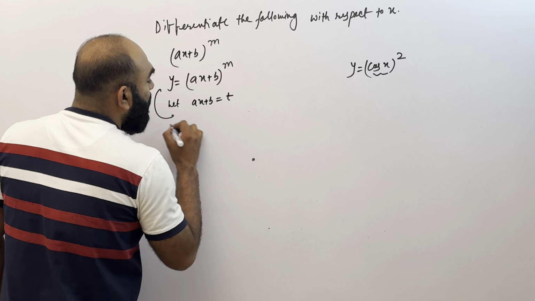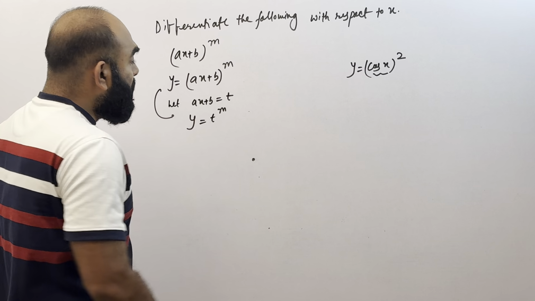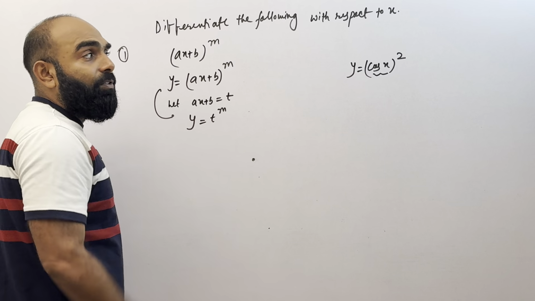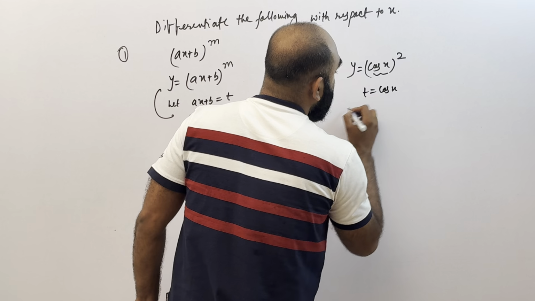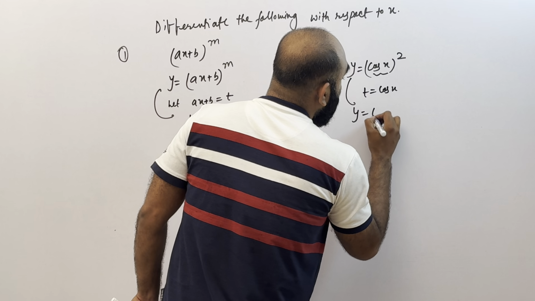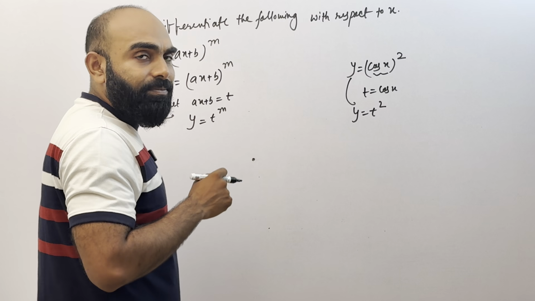Now this function becomes y is equal to t to the power m. Now this came in x to the power n form. Like the previous question, if I consider t is equal to cos x, the function becomes y is equal to t to the power 2 or t to the power 3. I think 3 was there.